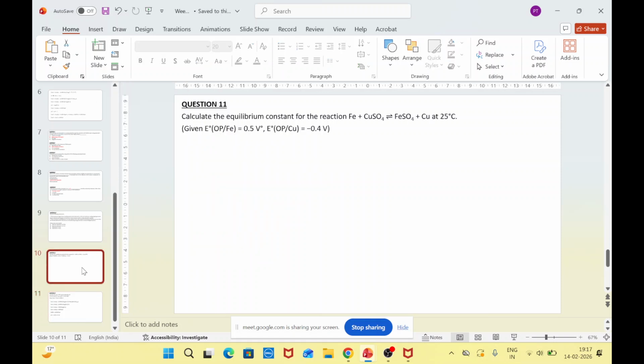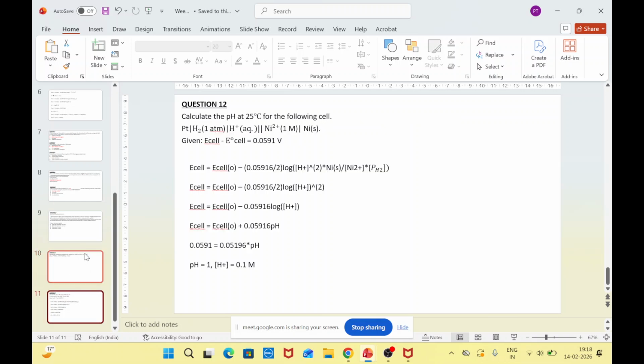You just need to calculate the equilibrium constant. I think we have solved one way to calculate K equilibrium. So if you want, we can do this now. Any doubts related to the calculation of EMF of the cell to pH?